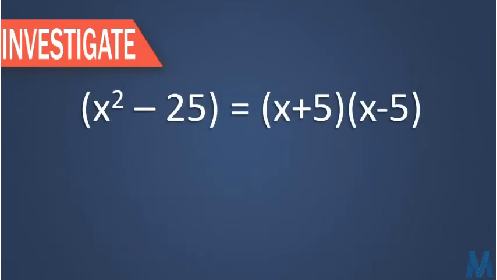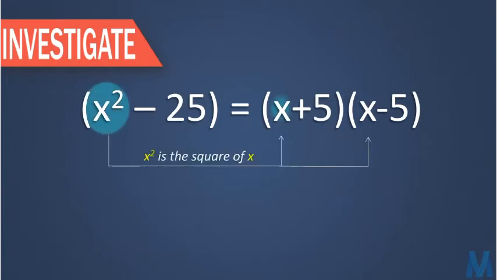Now, we have here another example, x squared minus 25. So, if you notice, the first term x squared is a variable, while the second term 25 is already a numerical coefficient. Now, to factor this binomial, both of them are square patterns. So, x squared is a square pattern and 25 is also a square pattern.